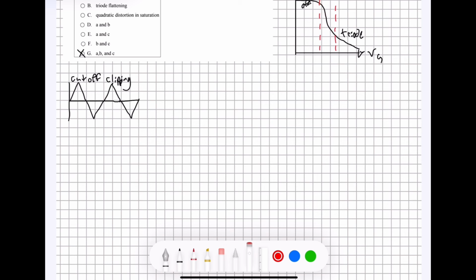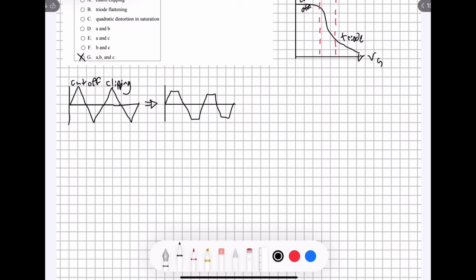If you're looking at a point that's really close to there, you're going to experience some distortion just based on the fact that you're so close to that cutoff region. And the distortion is going to look something like this when you view it on your waveform, where the very top of your waveform gets kind of cut off, and that's why they call it cutoff clipping. If you're taking ECE 2K7, you might have seen this in your labs. For certain circuits that you build, you might have experienced cutoff clipping.